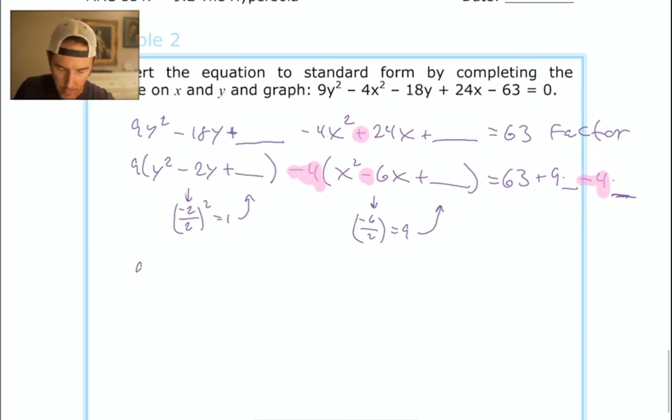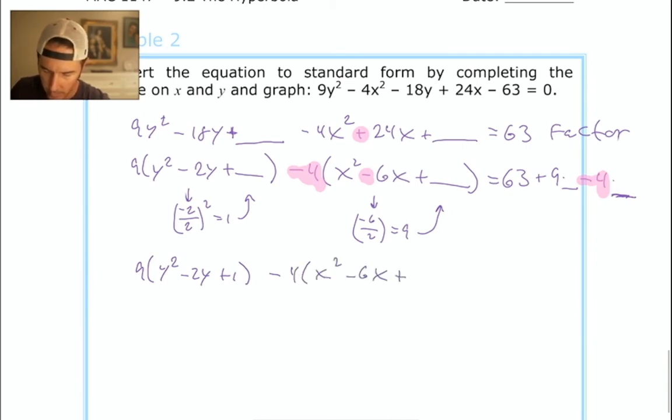So we have 9 times y squared minus 2y plus 1, minus 4 times x squared minus 6x plus our new value of 9, equals 63 plus 9 ones, and we're going to take away 4 9s.